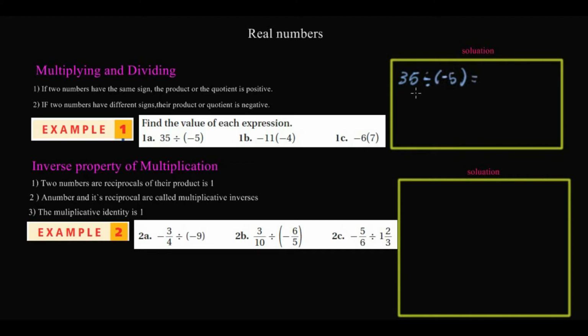So I just divide 35 by 5, which equals 7, and our sign is going to be negative.